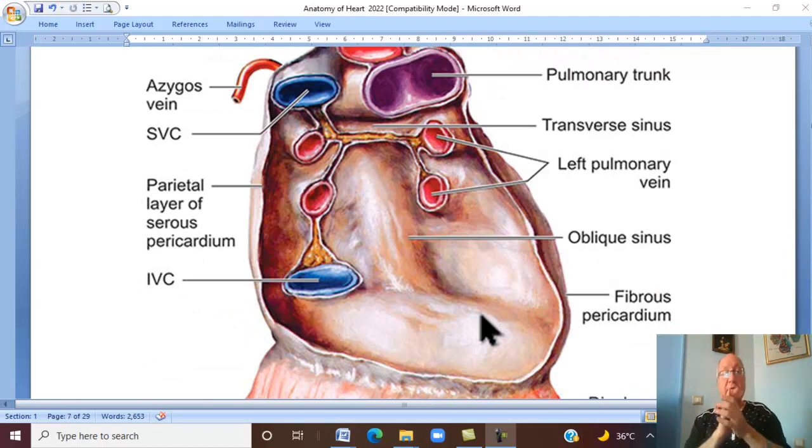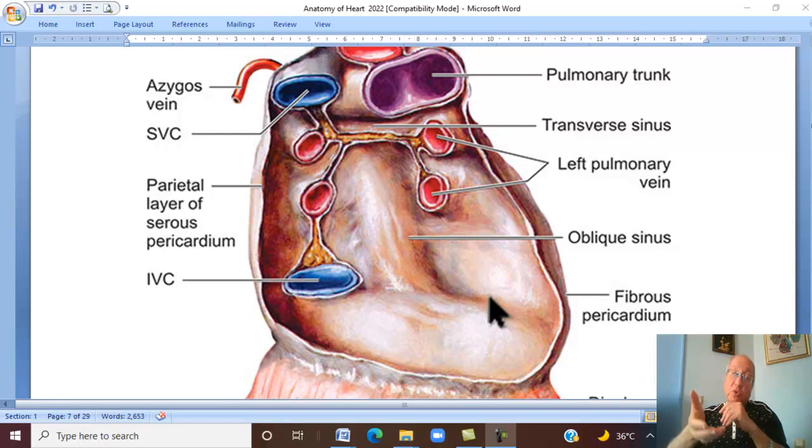If we remove the heart in this picture to see what structures are related posterior to the heart and posterior to the base of the heart, we will find this. What is this? This is the pericardium.